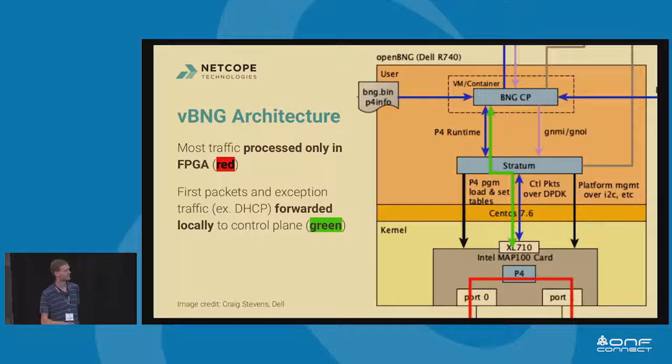It's the green arrow. It's forwarded over DPDK and Stratum, so we're using standard interfaces here. In this picture, we have the vBNG software running on the same machine, but since we're using standard protocols, it could potentially run somewhere else.